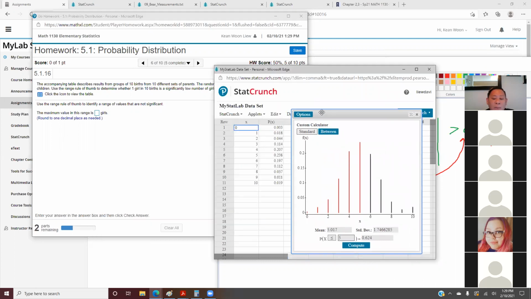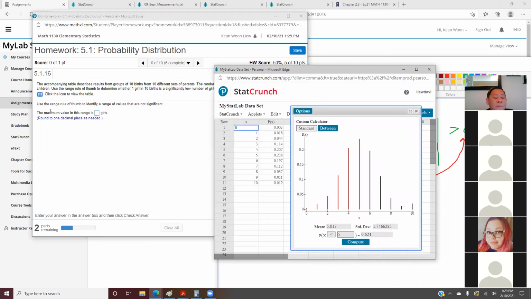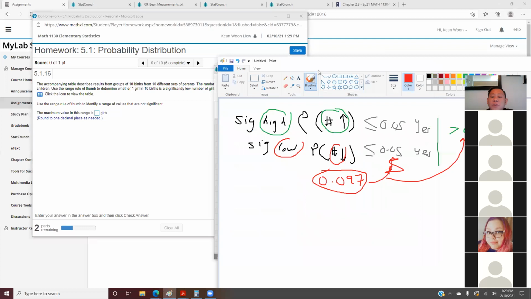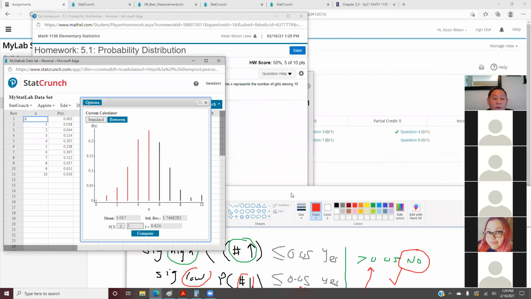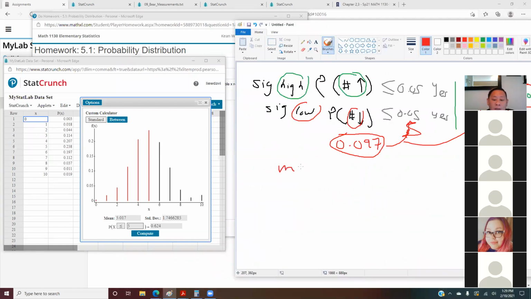So can someone tell me how you use the range rule of thumb to figure out the maximum value? What formula should we use? Mean plus 2 times the standard deviation. Very good. And the mean in this case is, do not round this number.